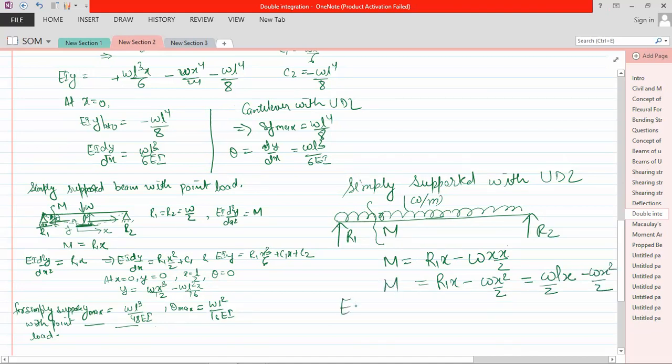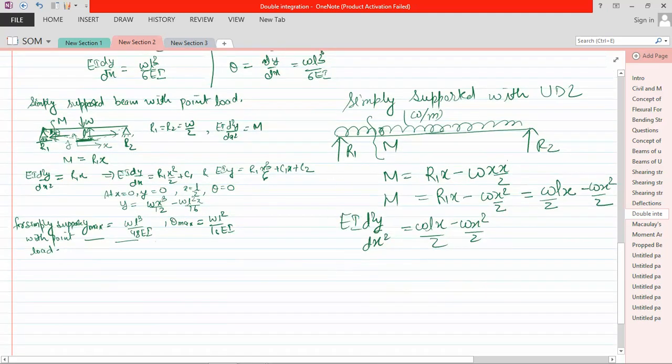Now you put it in the equation: EI d2y by dx square is equal to WLx by 2 minus Wx square by 2. Just integrate it and you get the y equation as a function of x and theta as a function of x.